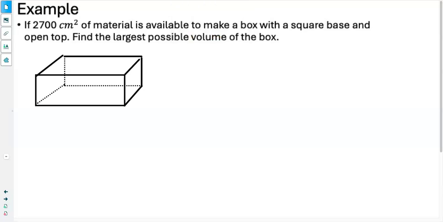Now we're told that it has a square base. So that means that this side is x, this side is x. Probably didn't draw that to the best scale, but we know those two are the same. Now it's going to have a height that we'll say is h.